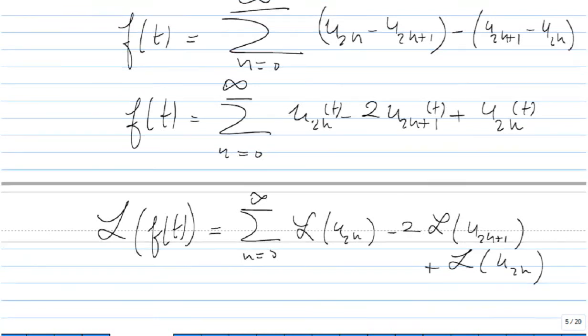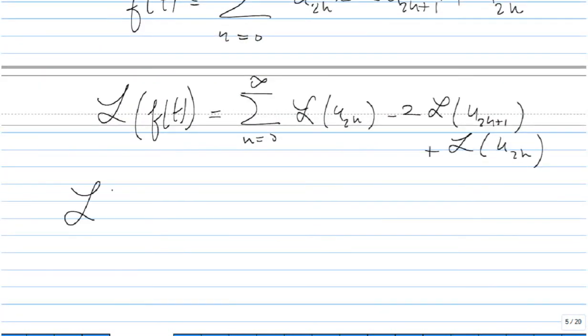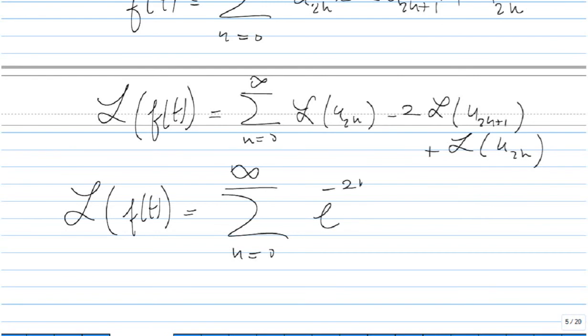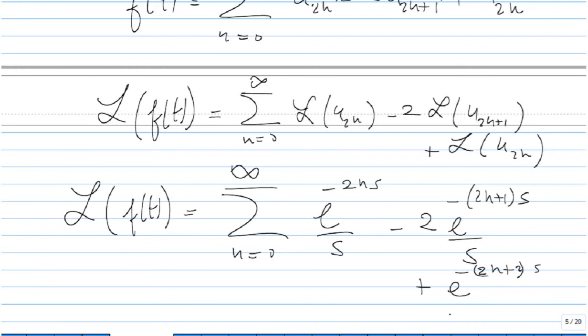And using the formula for Laplace of uc, we see that Laplace of f of t is the sum from 0 to infinity of e minus 2ns over s minus 2e minus 2n plus 1 s over s plus e minus 2n plus 2s over s.